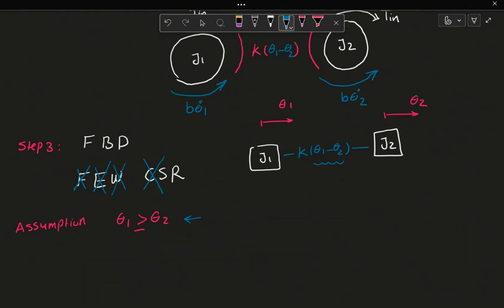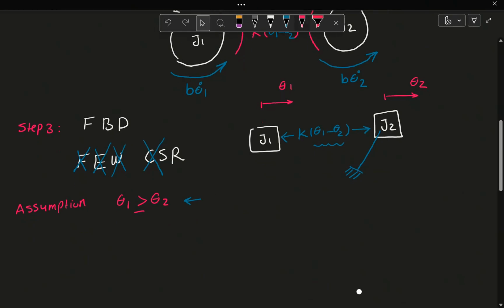Between theta 1 and theta 2, theta 2 moves less, so I'm going to pin this one down to the wall. So this one is not moving, then I would move J1 in the positive direction theta 1. If you move J1 in the positive direction theta 1, you notice that the spring is going to be in compression, and when the spring is in compression, it's going to push back.